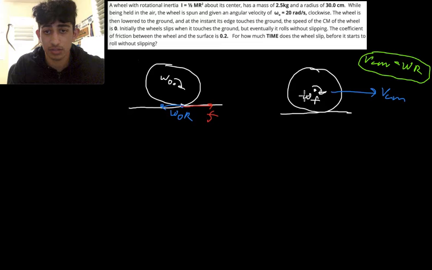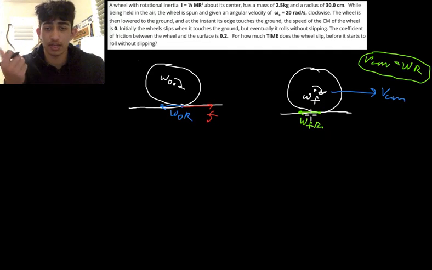Again, you have a velocity due to this rotation, the tangential velocity due to the rotation, which is going to be omega f times r. But now you also have a velocity due to the center of mass, right? Because if this point is moving through space, it has a tangential velocity due to this rotation.